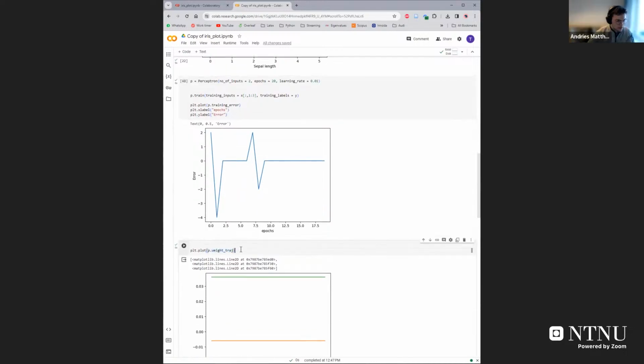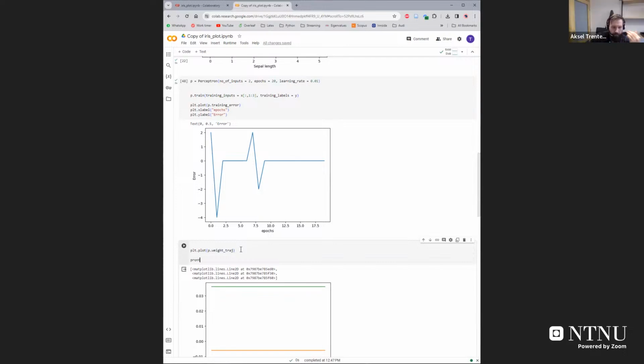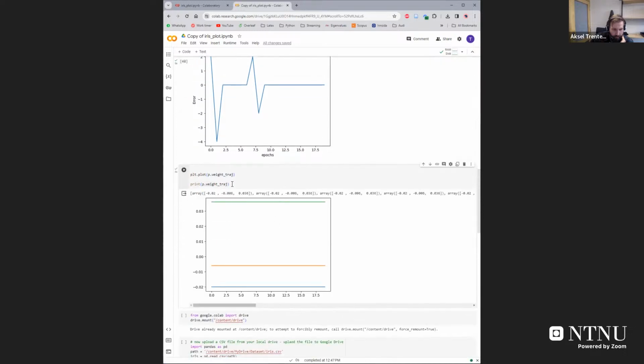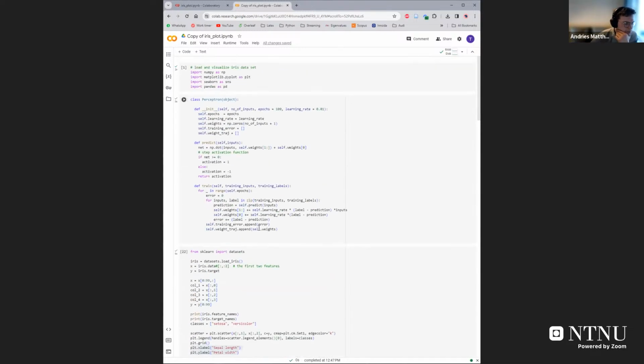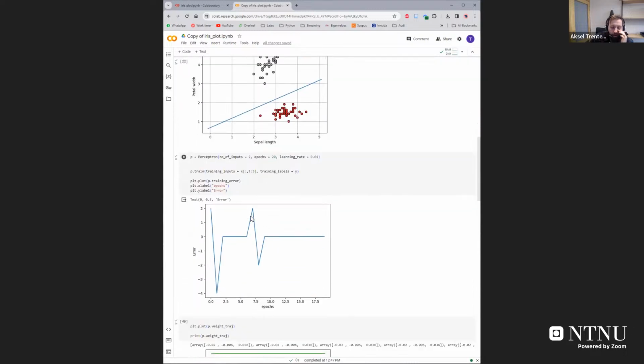Not plotted, just printed. Let me transpose it. Okay, they actually don't change. Yeah, or they are not stored correctly. That can also be the case.